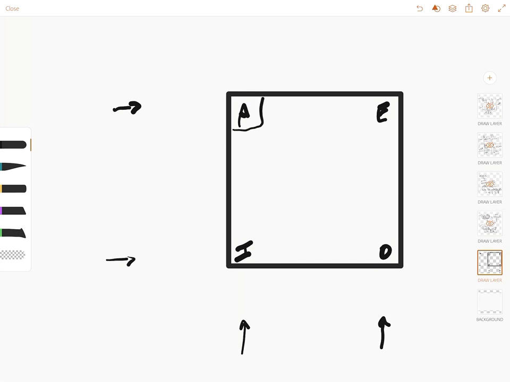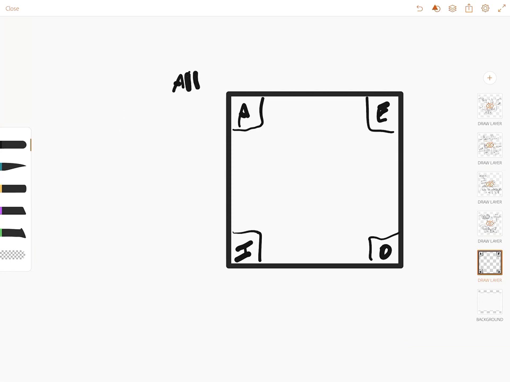A is going to stand for universal affirmative. E is universal negative. I is particular affirmative. O is particular negative. All right, and so now let me get rid of these so we have a little bit of room. Now, for each one of these, we can write the standard form.